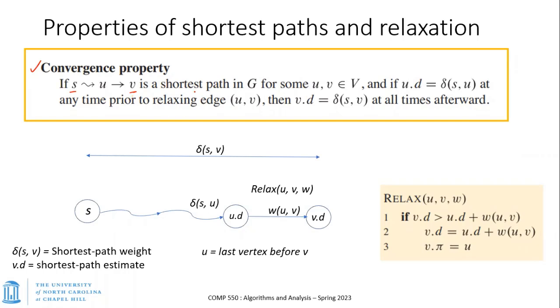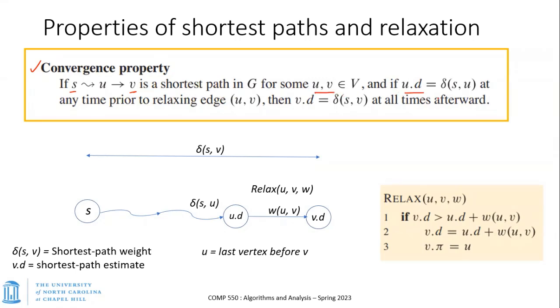So the idea here is that if S through U to V is a shortest path, and you have the shortest path in G for some U comma V, right?